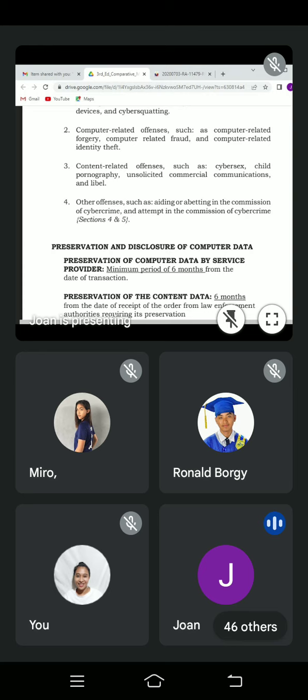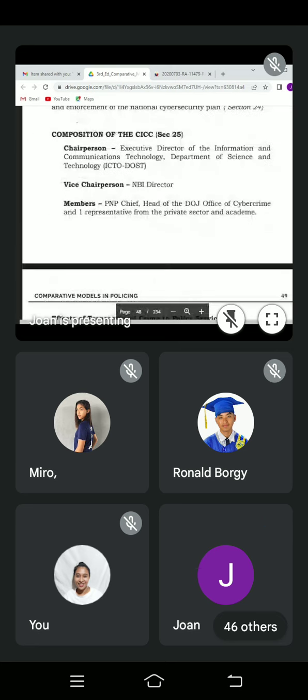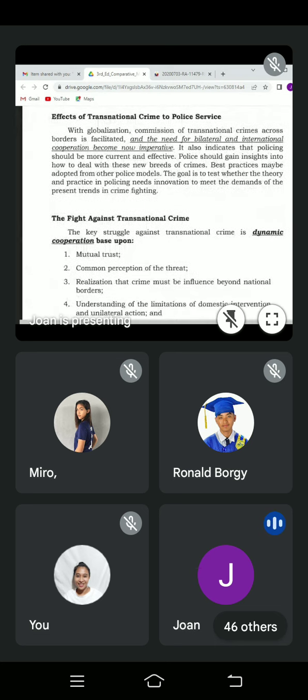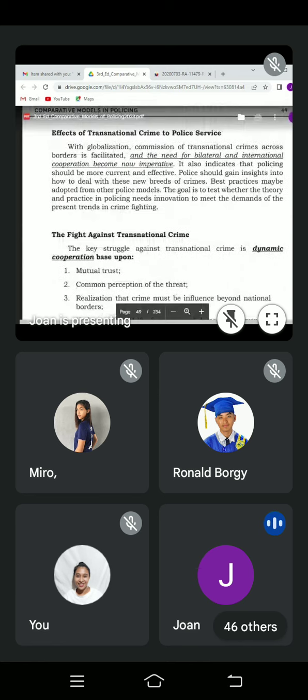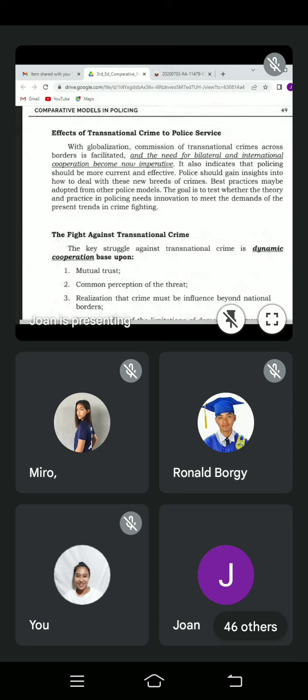So it's the same thing. So if you are defamed on Facebook, you can still be charged with libel under the Revised Penal Code. Okay? The other parts I skipped because you can understand them when you read them. Okay.